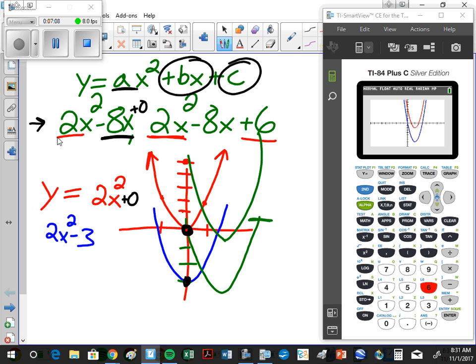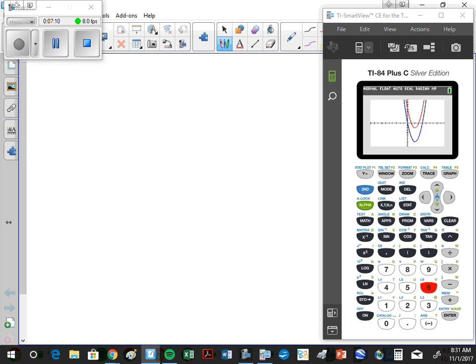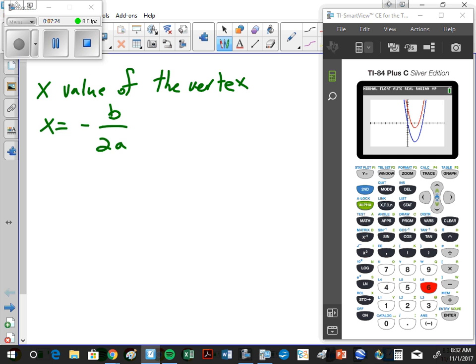The formula says this. The x value of the vertex is found in the equation x equals negative b over 2a. That tells us how far the vertex moves to the right or to the left.